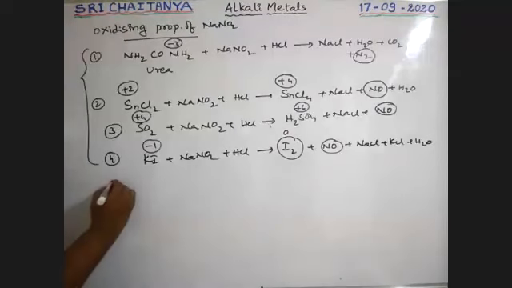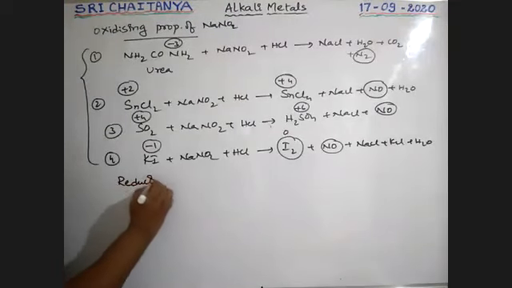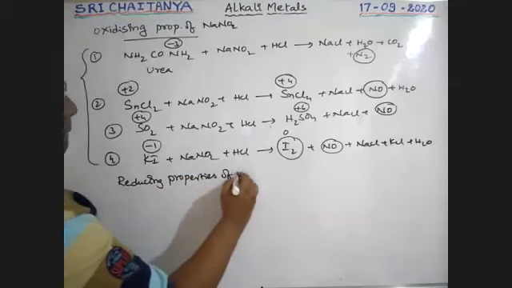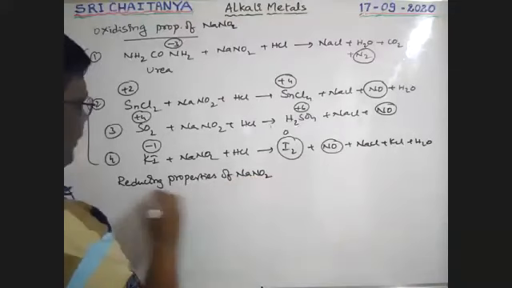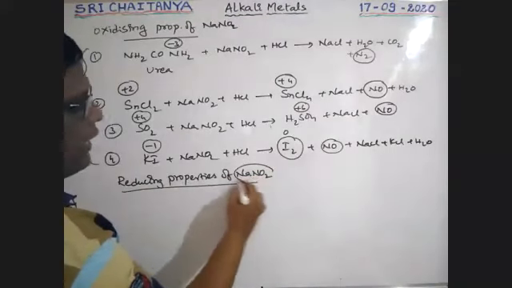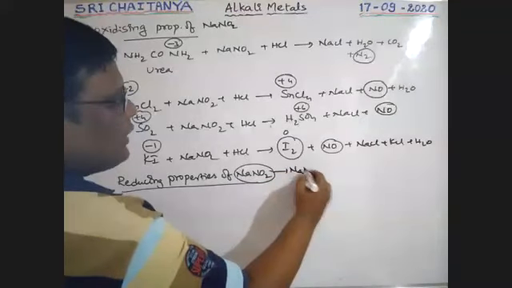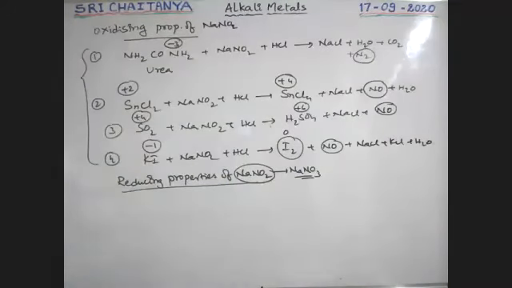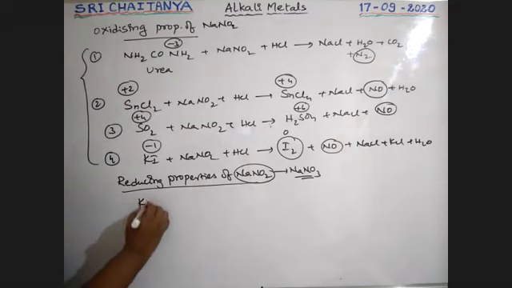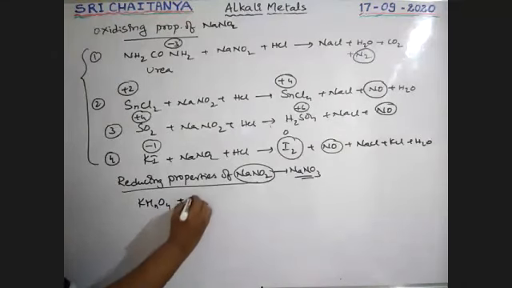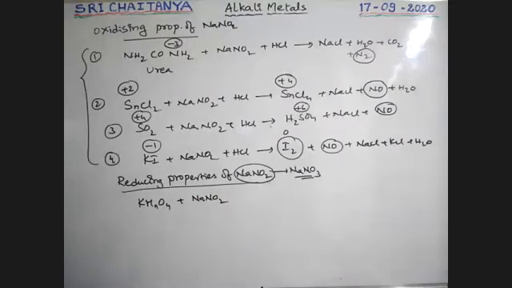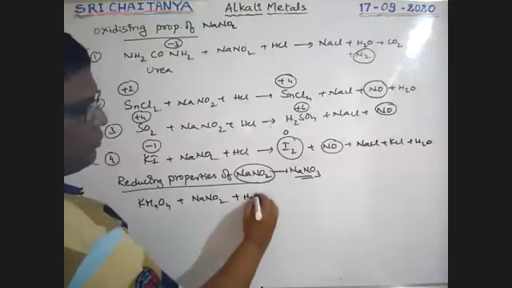Next, reducing properties. In these cases, NaNO2 changes to NaNO3, so NaNO3 is one of the products. See here, KMnO4 reacts with sodium nitrite in the presence of H2SO4.